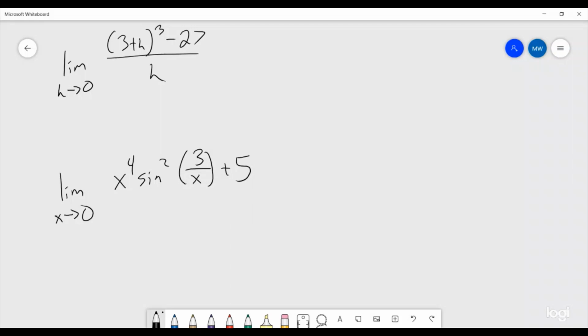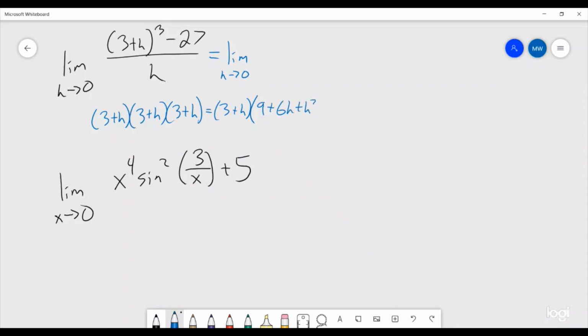Alright, so for this first one, we're just going to expand this all the way out. We got the limit as h goes to 0. Expanding the top out completely gives us a 3 plus h cubed. So let's expand that real quick. 3 plus h, 3 plus h, 3 plus h. That's going to be a 3 plus h times 9 plus 6h plus h squared.